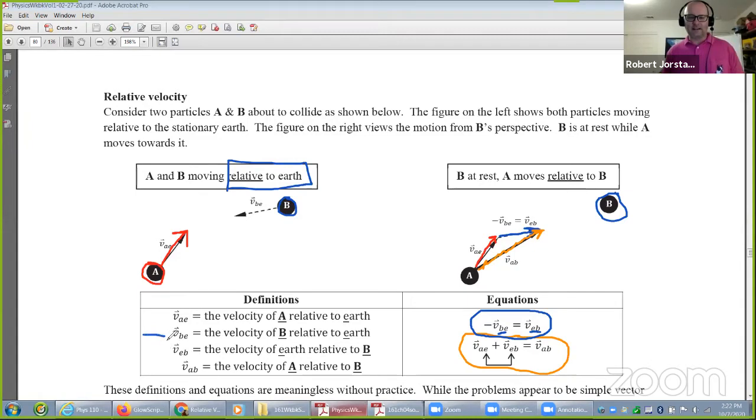Look at what these sentences mean right here for those two symbols. Okay. The velocity of B relative to the Earth is different than the velocity of Earth relative to B. So just to be clear here, so it's all in one spot, order of subscripts matters. So put that somewhere in your notes.